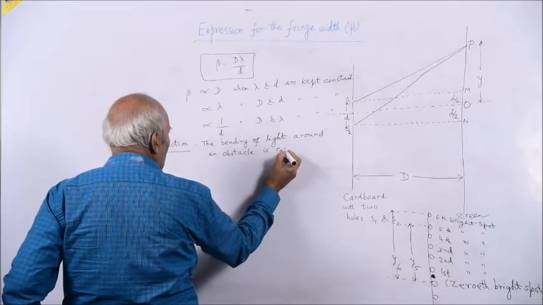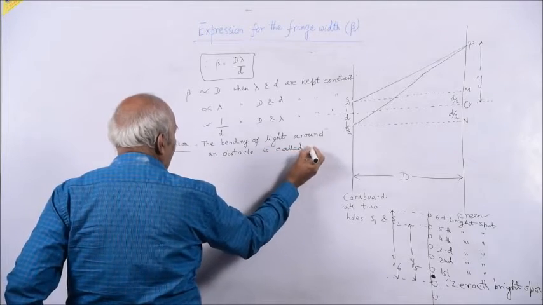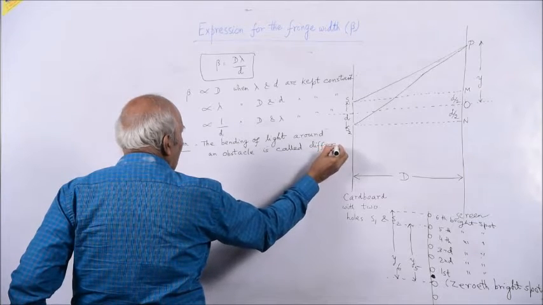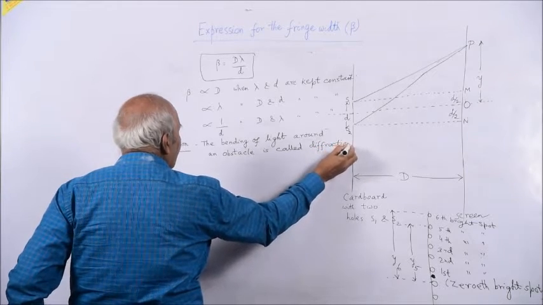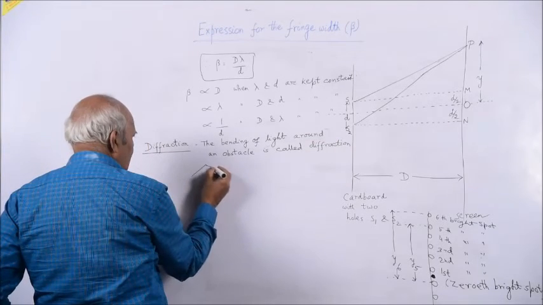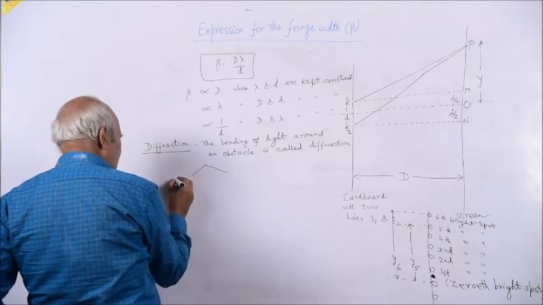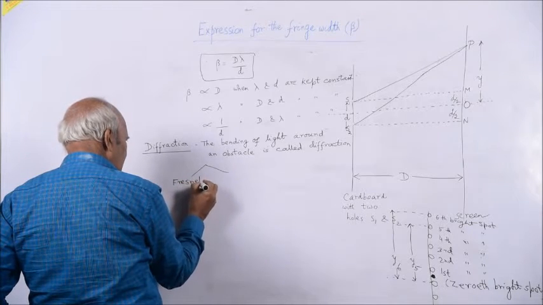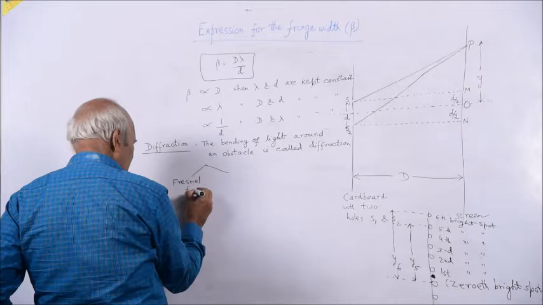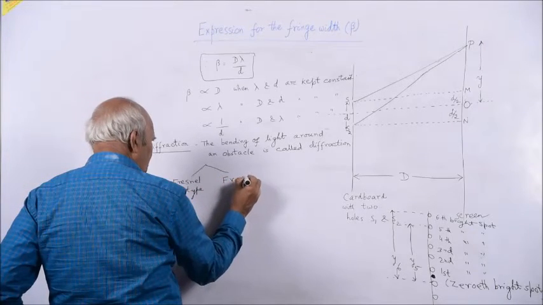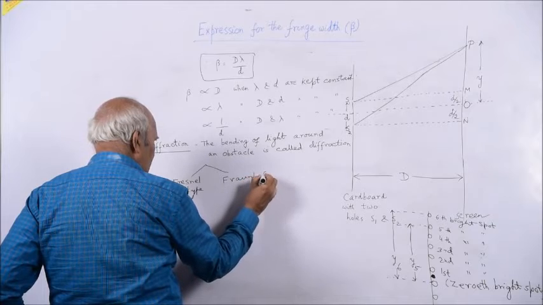That means it clearly says that light does not travel in straight lines, and these are of two types actually. One is Fresnel type, the other is Fraunhofer type.